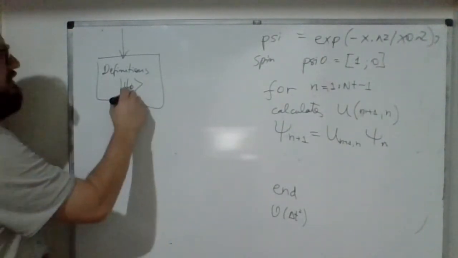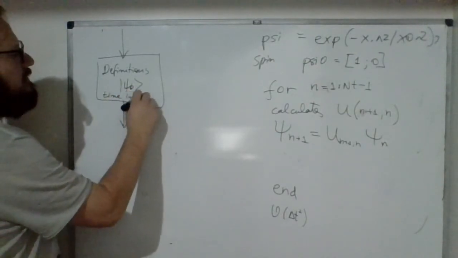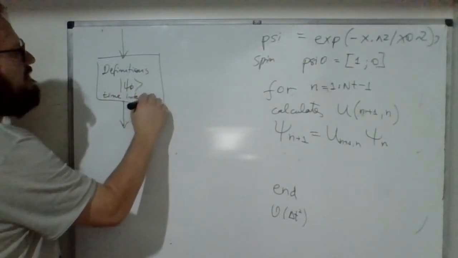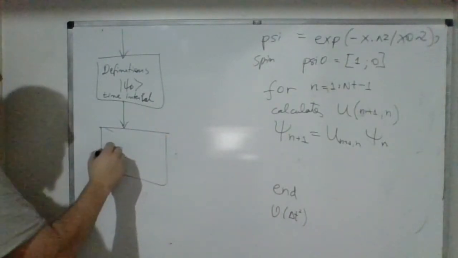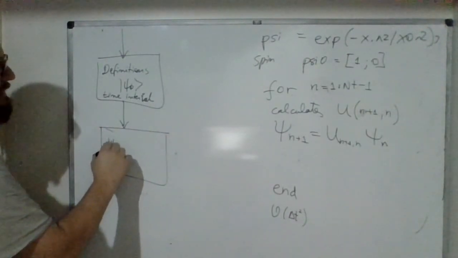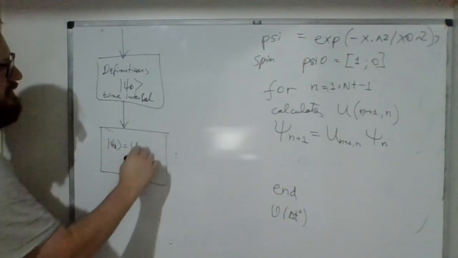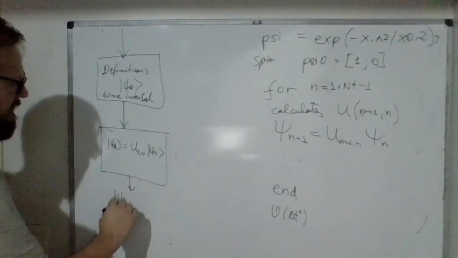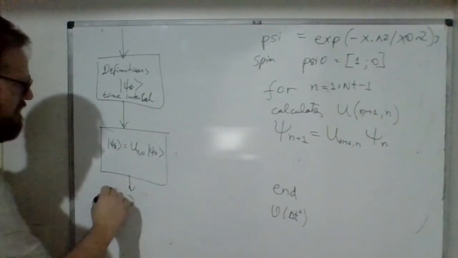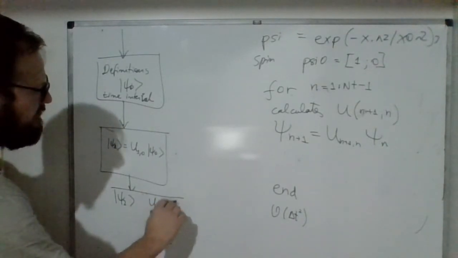You define your time interval here, and then you apply the evolution operator between 0 and 1 to the psi 0 to find psi 1, and then you apply the evolution operator between 1 and 2 to the psi 1 to find psi 2.